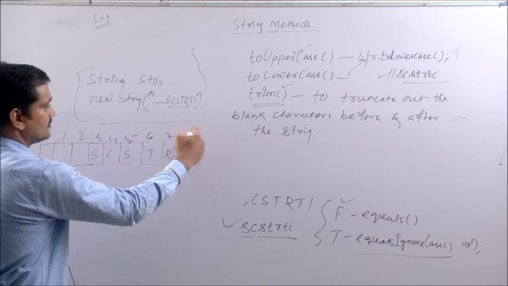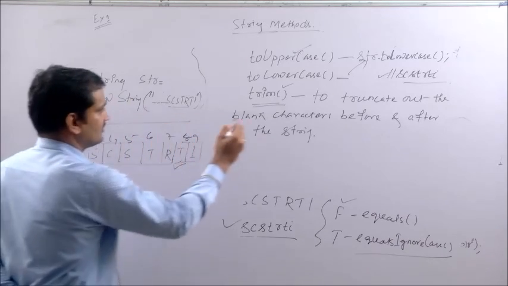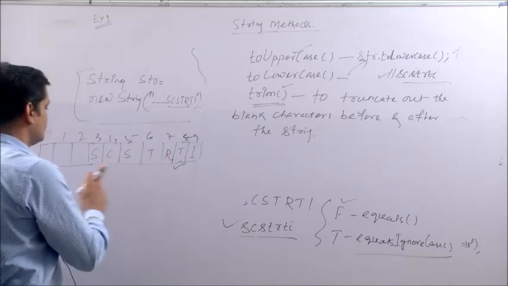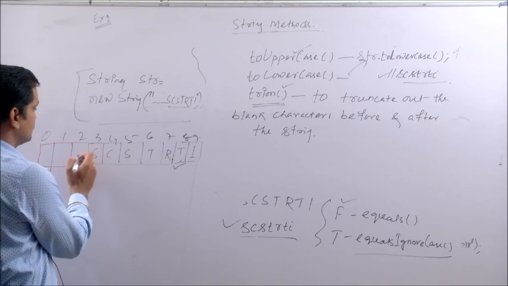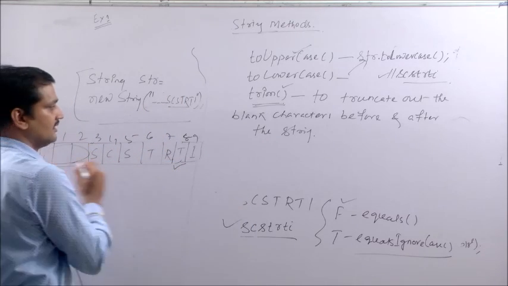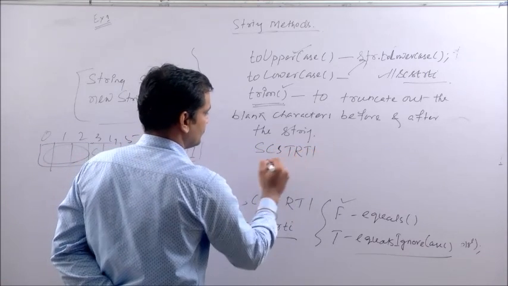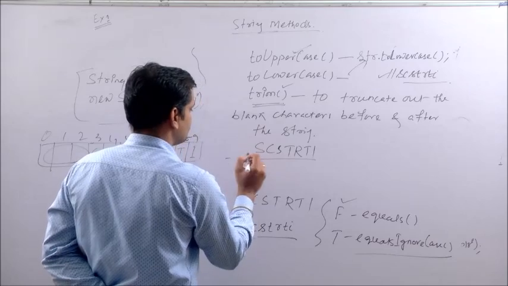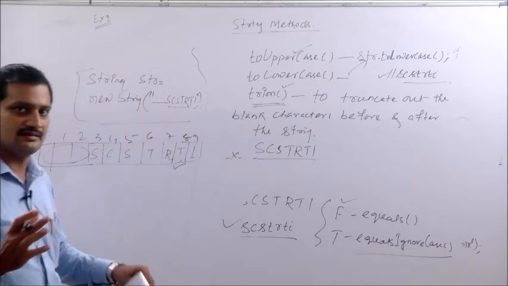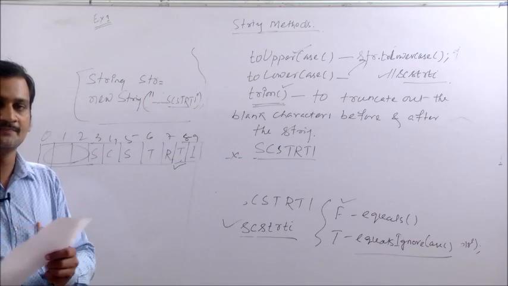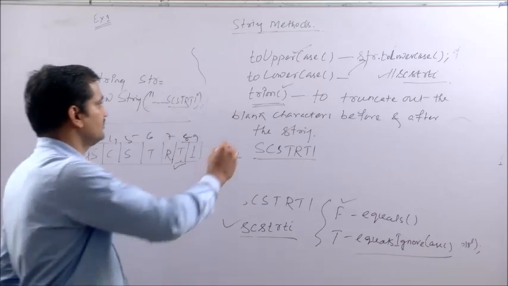Then if I use the method trim, it removes these three blank or empty characters and returns the string as SCSTRTI. The leading or trailing spaces of the string are removed by using the method trim.